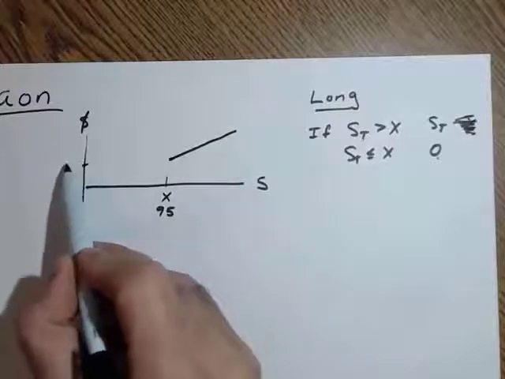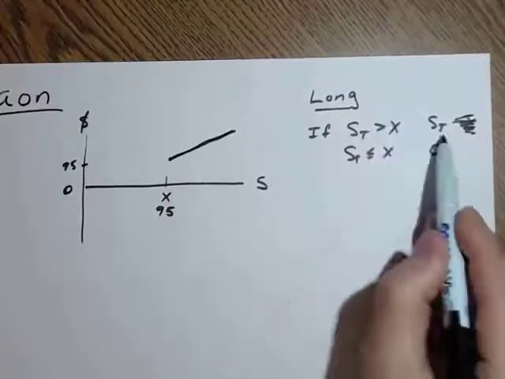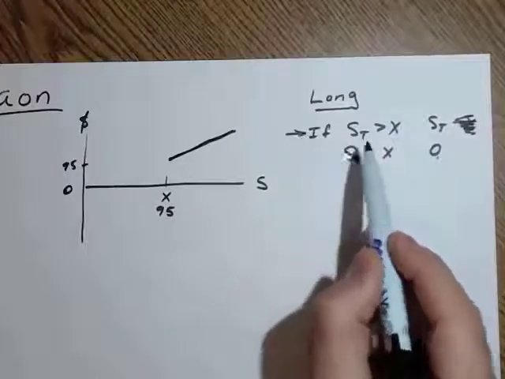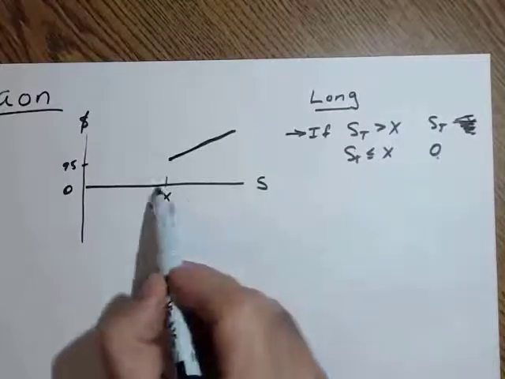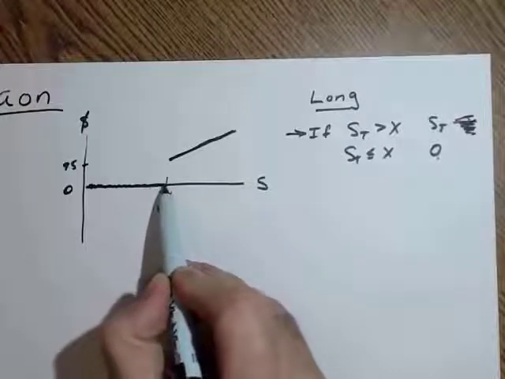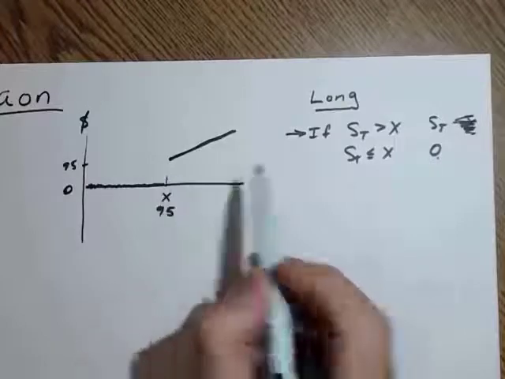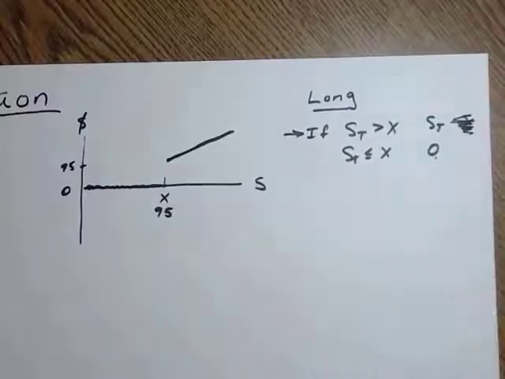And this is at 95 right here, so you're going to get something that's worth 95. That's this element right here. And then if the stock is less than the strike, you get 0. You get nothing. So you've got this discontinuous jump in the payoff from an asset or nothing option.